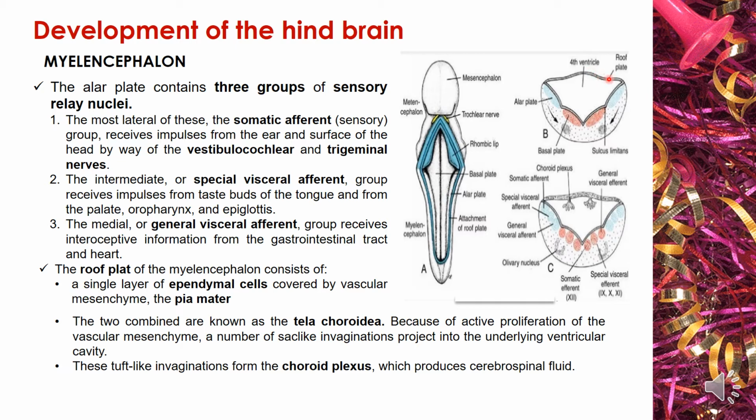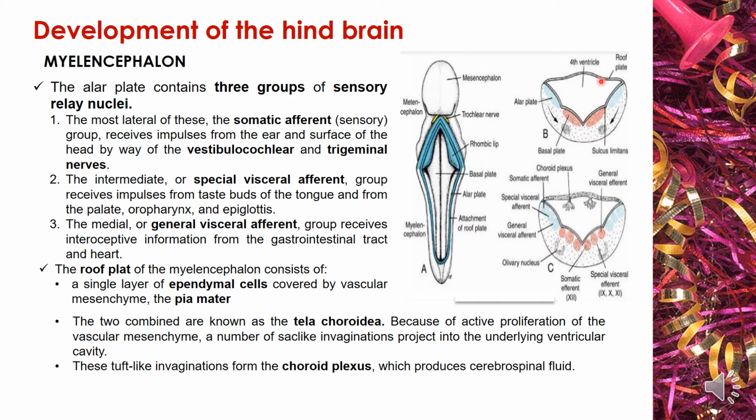This is the roof plate. It consists of single layers of ependymal cells and the covering visceral mesenchyme, the pia mater. These two components, the single layer of ependymal cells and the pia mater, are known as the tela choroidea.